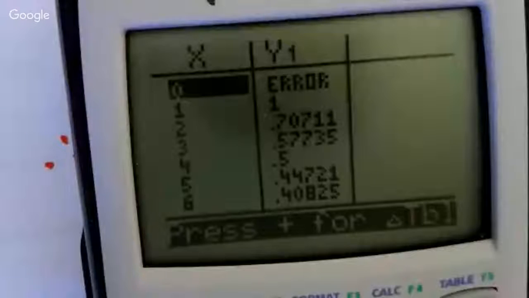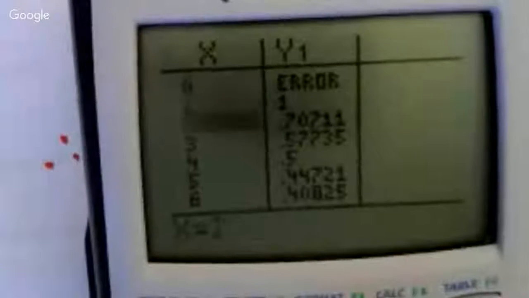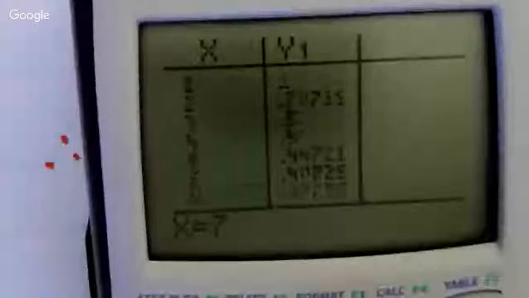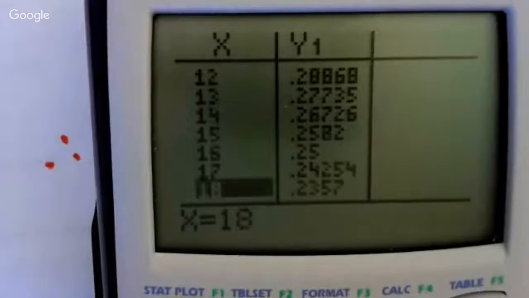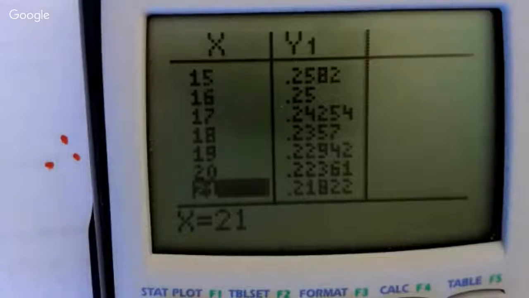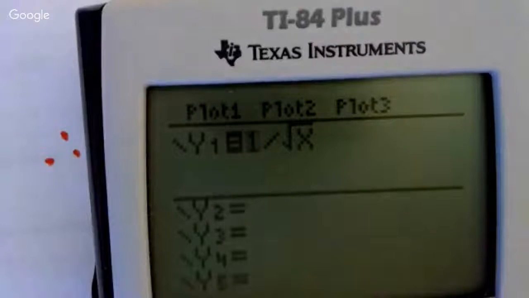As x gets larger, are my terms doing 3 things? Are they going to 0? Are they always positive? And are they decreasing? And look at my y values. What are they always doing? Are they getting smaller? Yes, they are. I plugged in the whole term in there, 1 over the square root of x.